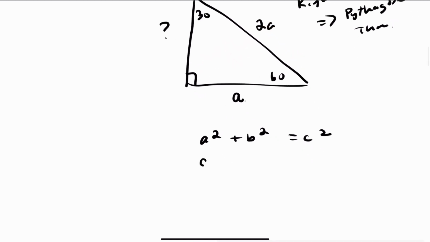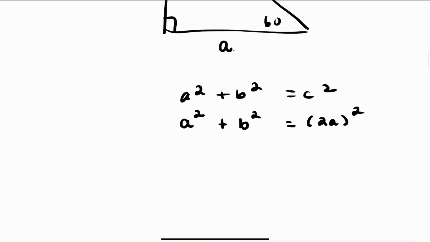So A squared plus B squared is equal to, this is my C, so it's actually 2A, the quantity squared. So I can go ahead and distribute the exponent of 2 to each of the numbers inside the parentheses. And yes, I'm counting A as a number. That's a variable, right? So that's going to give me A squared plus B squared equals 4A squared.